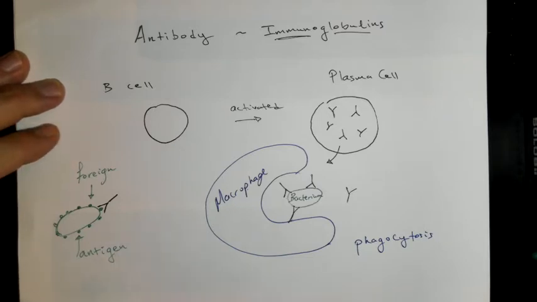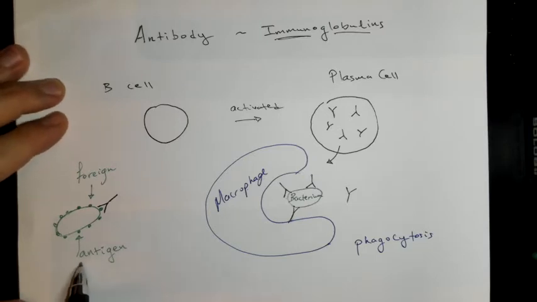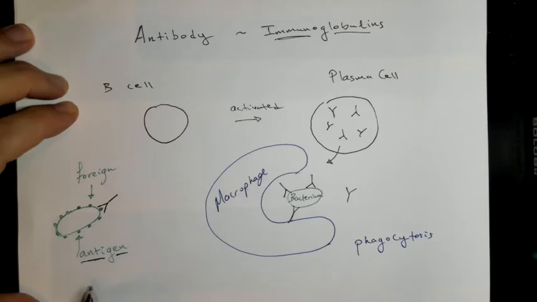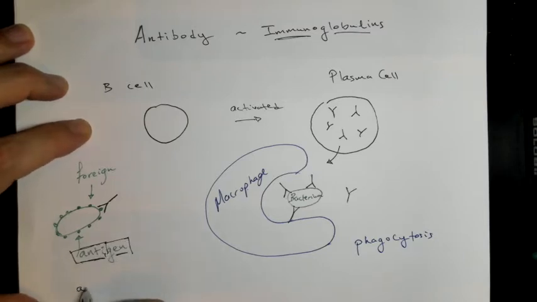Now, another trick to remembering this is to actually know what this word stands for, because this is something that is often not talked about. So antigen is actually a short term word for a longer word known as an antibody generator.